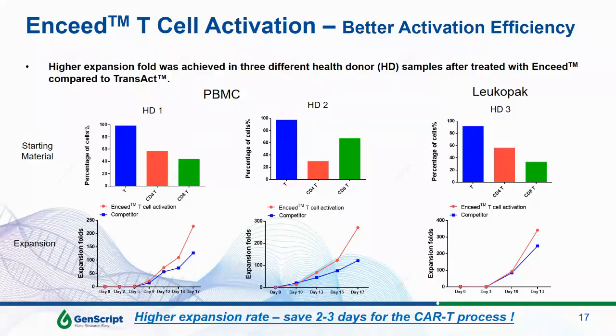The top 3 figures are the phenotypes of these 3 donors after the isolation, and the bottom pictures are the corresponding expansion fold results. The red line is the activation result using our beads, and the blue line is from using the competitor's beads. Here we can find that our beads have an even higher activation efficiency, which is consistent with the activation signal data.